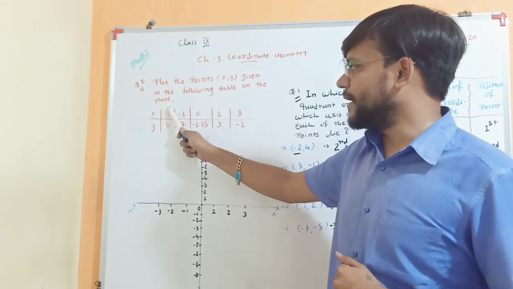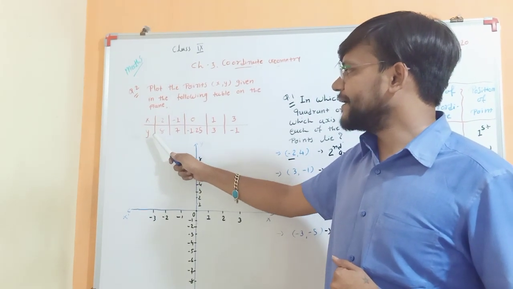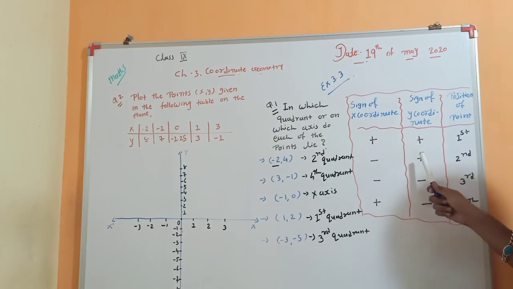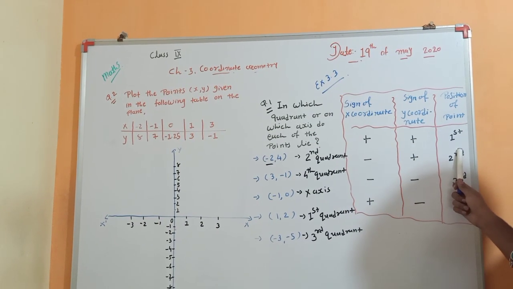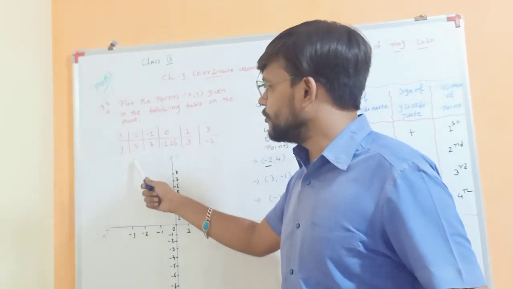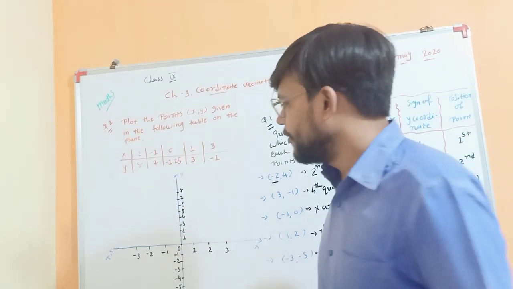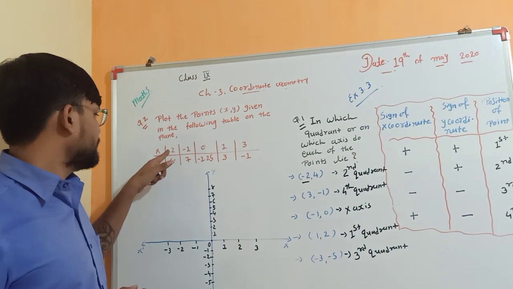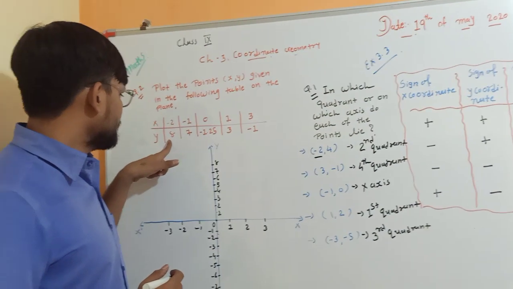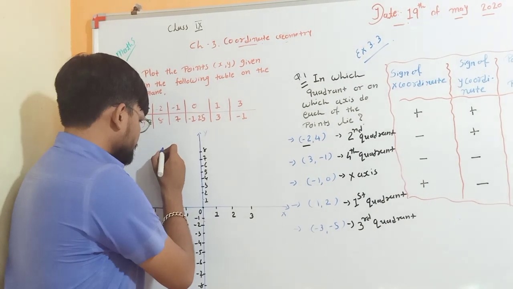That means the x coordinate is negative, y coordinate is positive, x negative, y positive, it must be in the second quadrant. That means one thing is clear, this point is located in the second quadrant. Where? So for that, first of all, x coordinate is -2 and y coordinate is 8, right?